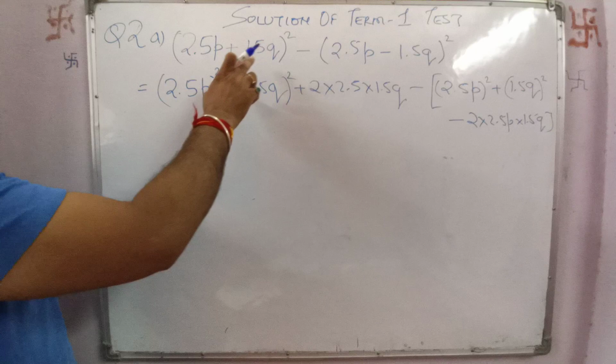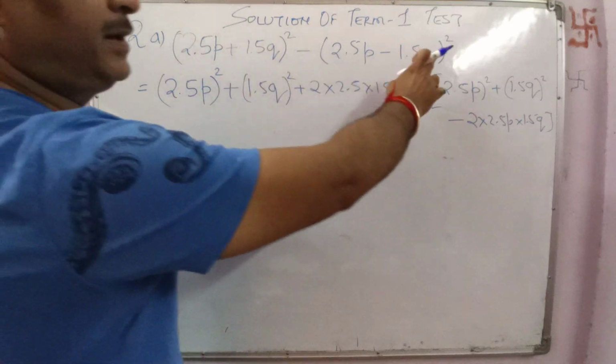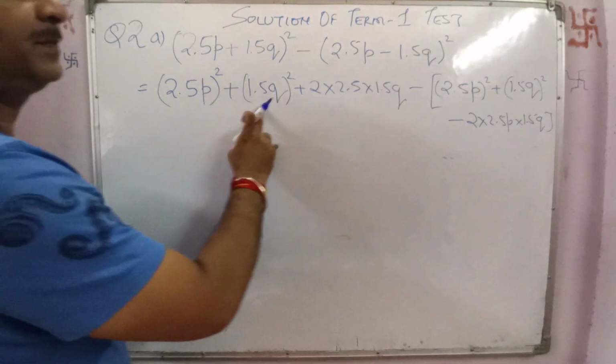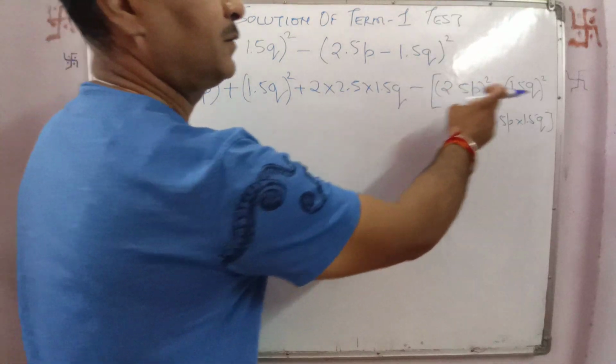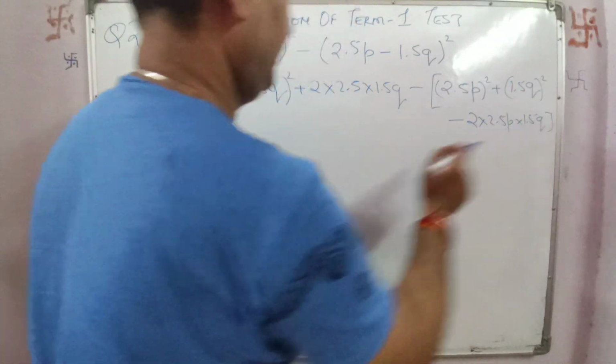So we have used here a plus b whole square, here a minus b whole square, that is a square plus b square plus 2ab, a square plus b square minus 2ab.